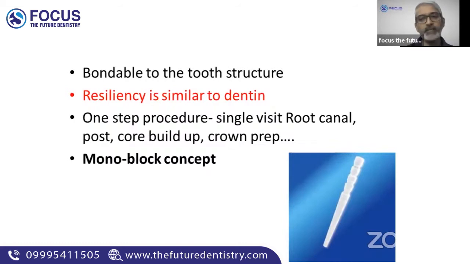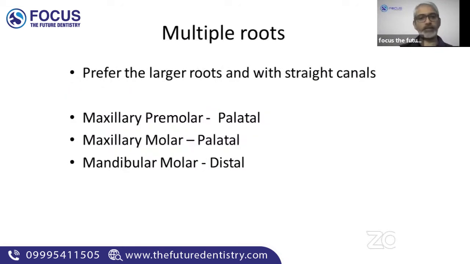So always when you use a fiber reinforced composite post, you use a composite core builder. You do not use other materials like glass ionomer or any other miracle mix. We directly use composites only. The advantage is that when you cure everything together, it becomes a monoblock, and this is called the monoblock concept. It can come as an MCQ in your NEET preparations.